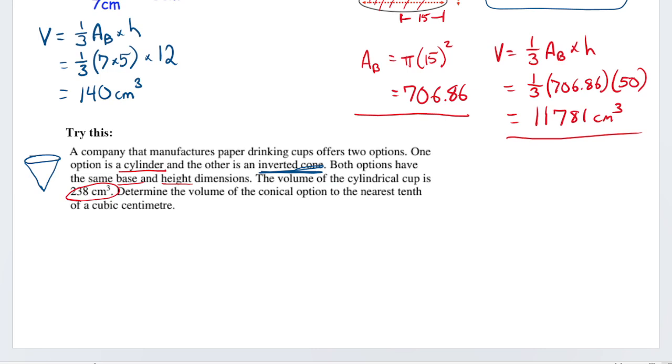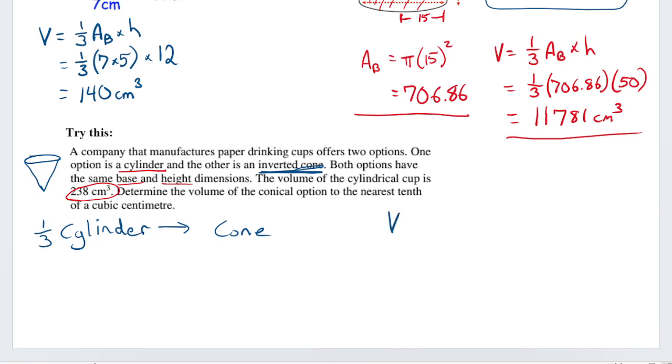So this should be pretty easy then, because we know the cylinder. I always spell cylinder wrong. Cylinder is going to be 3 times bigger than the cone, right? So 1/3 of the cylinder is the same as the cone.